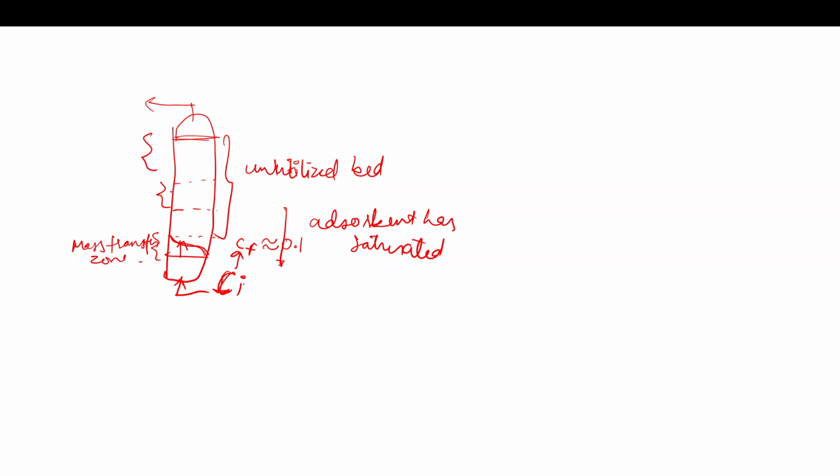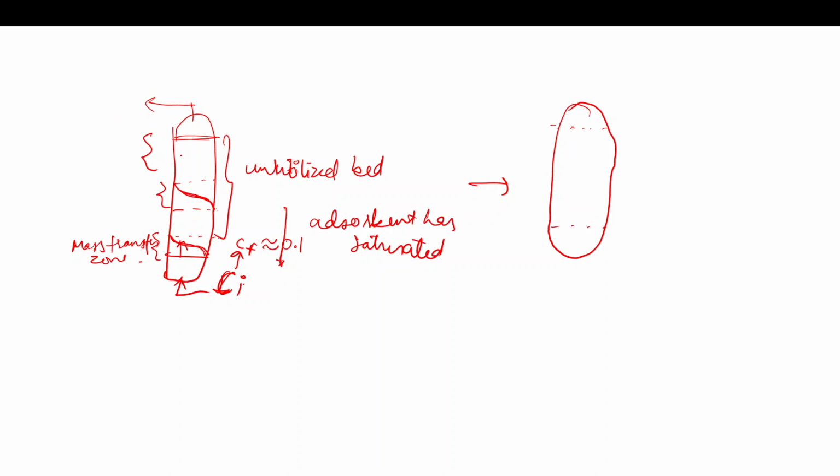Okay, so this is the unutilized bed after some time. So in the mass transfer zone the adsorption occurs like this. Okay, so the profile is like this. That is a theoretically known profile.